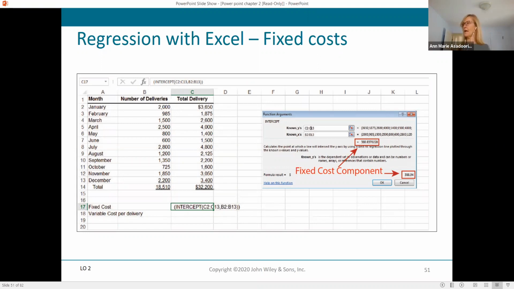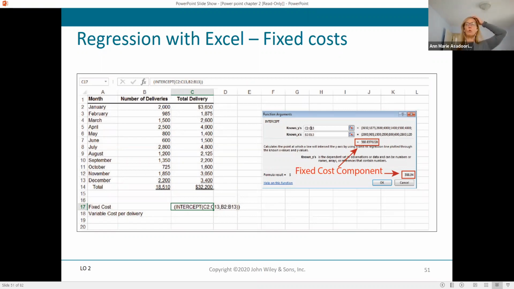But with high-low, you're given the high point and the low point, and you don't need a graphing calculator, and you don't need to know how to use Excel. So you should understand regression analysis and how it works, but you won't be asked to do it. And you should understand the scatter plots as well, but nobody's going to ask you to actually break that cost up on the exam. Okay, does it make sense?